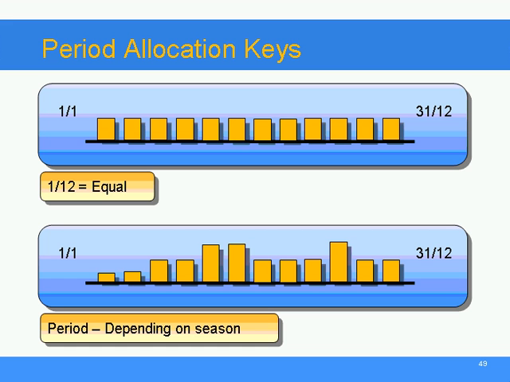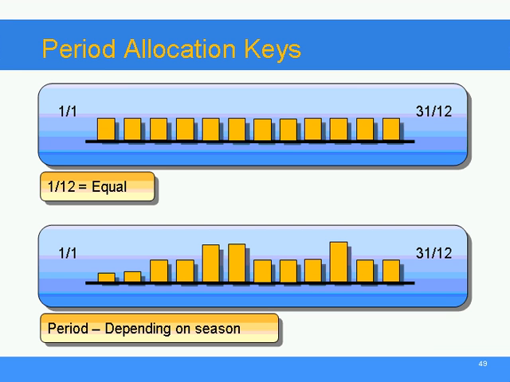Period allocation key. Microsoft Dynamics AX provides 2 main period allocation keys, which are used to streamline the process by enabling forward duplication of data throughout the whole budgeting time frame.